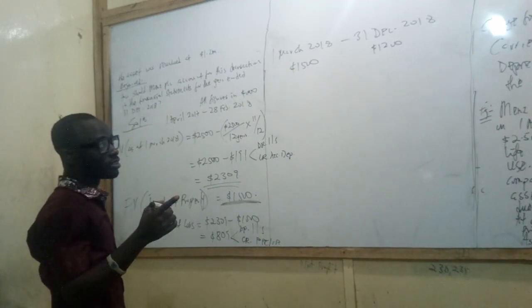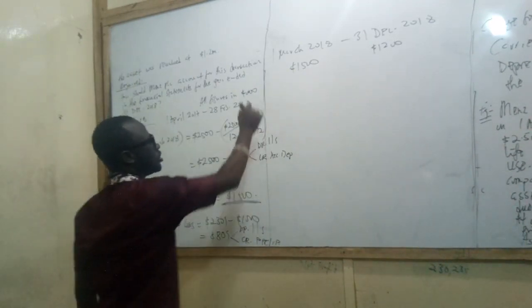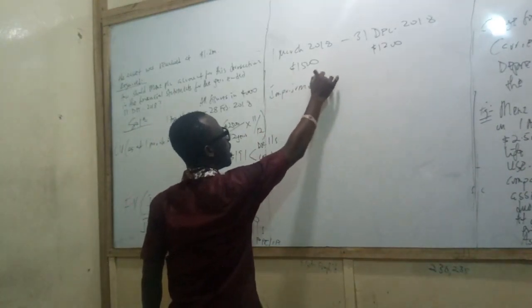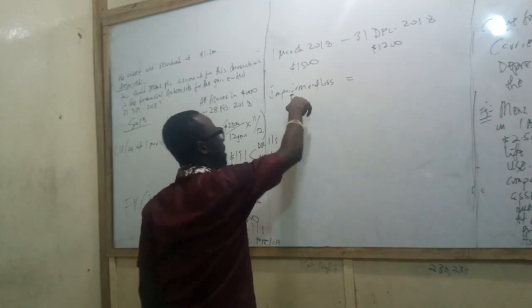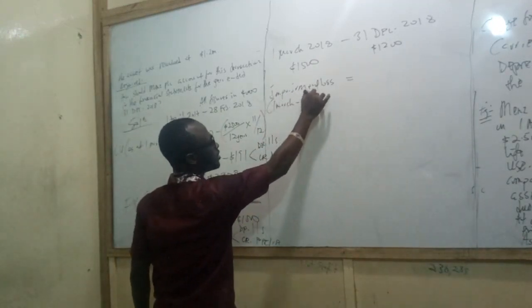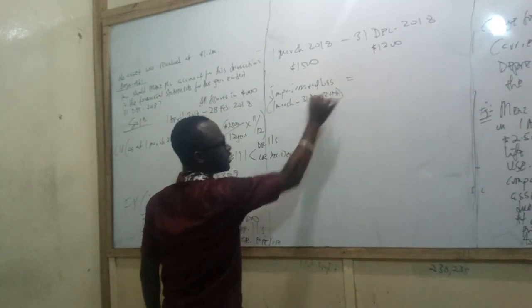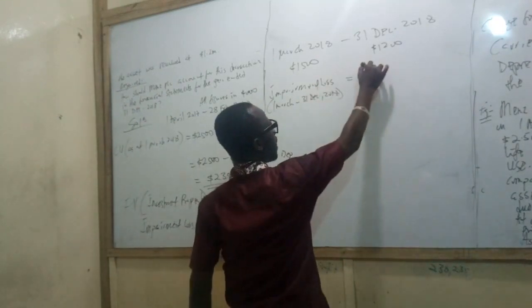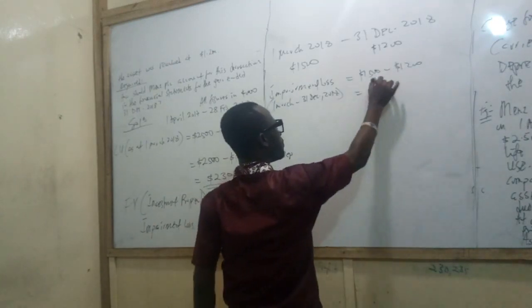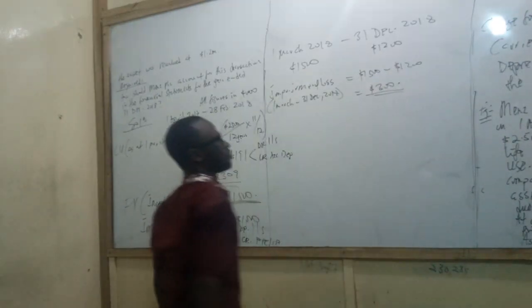Another loss, right? So another impairment loss. Another impairment loss between 1st March to 31st December 2018. Are you getting the picture? And that is 1,500 minus 1,200. And what do we have? 300.